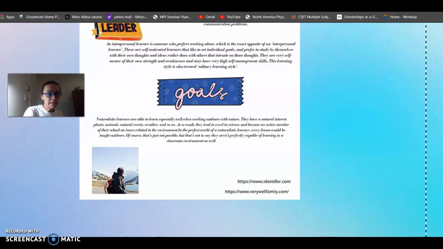Now, a naturalistic learner loves to be outdoors. They can learn about anything if they're outdoors, like through plants and animals, weather. And as a result, they tend to be active members of their school on issues related to their environment.